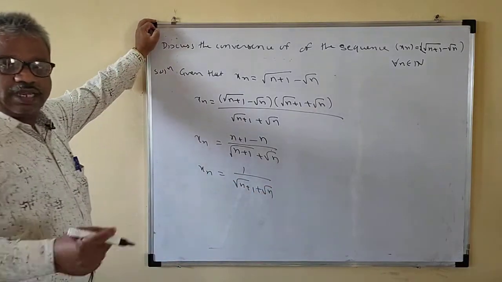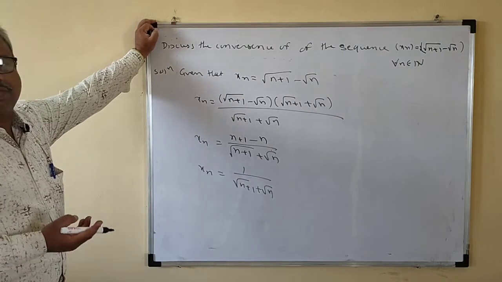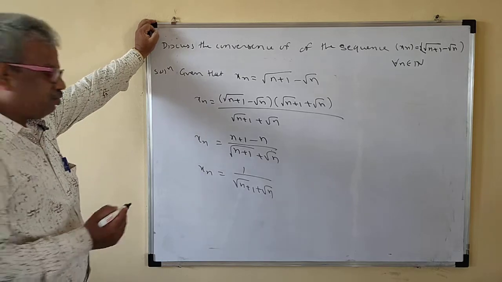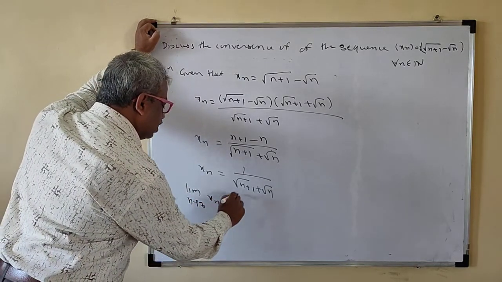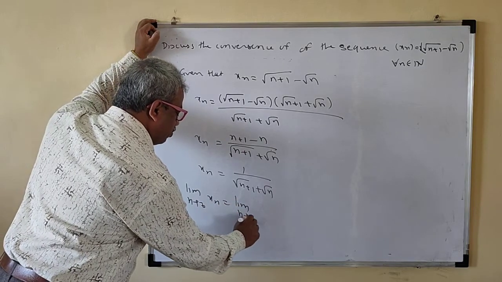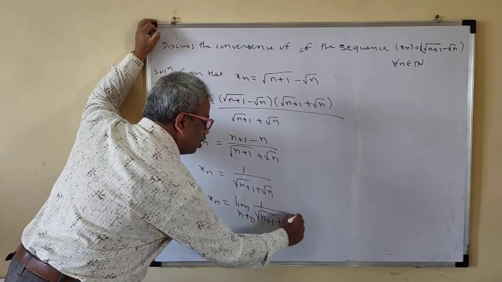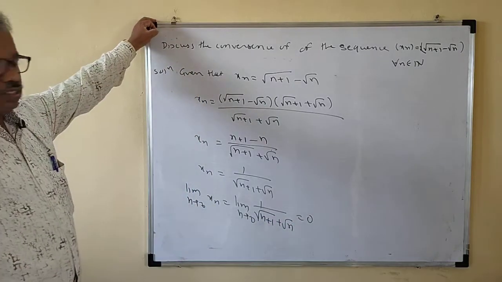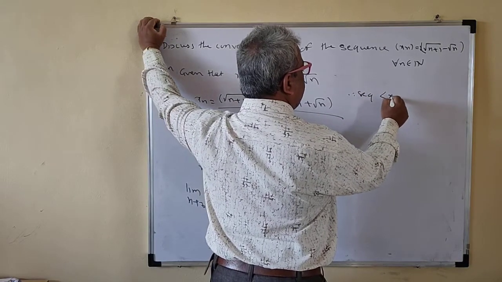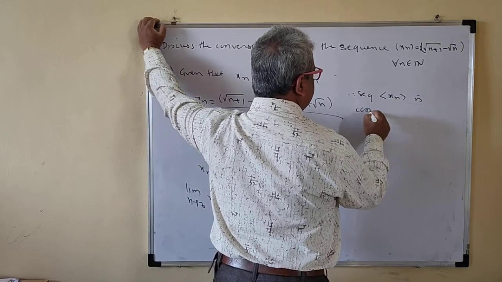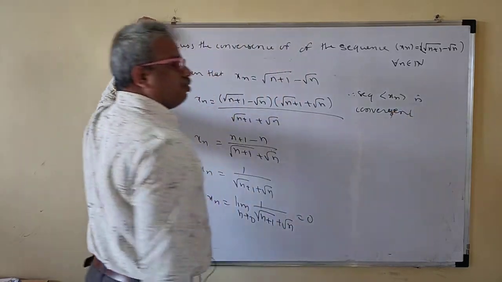Now there is no n in the numerator, only in the denominator. So your denominator becomes infinity if you take the limit as n tends to infinity. So limit n tends to infinity xn is equal to limit n tends to infinity 1 upon root of n plus 1 plus root n. So this is 0. Therefore the sequence xn is convergent and converges to 0.